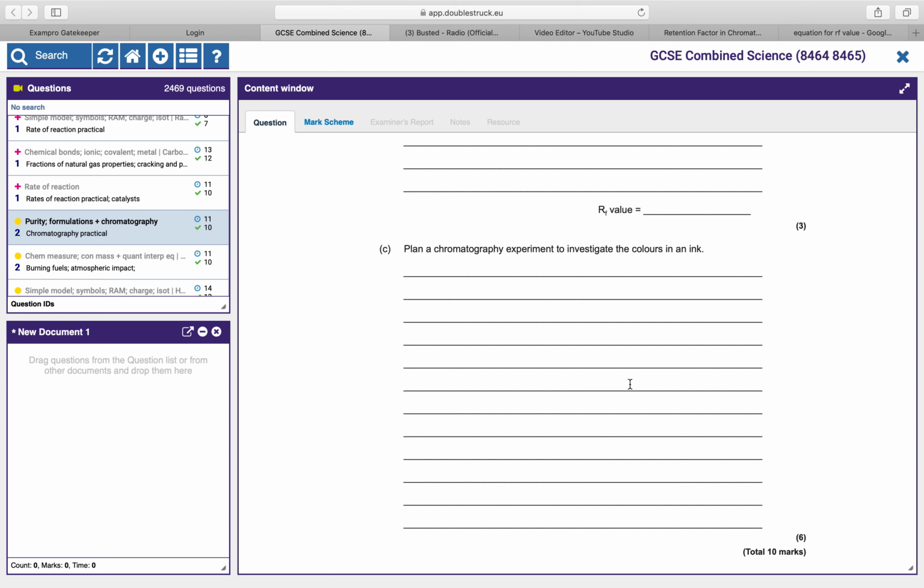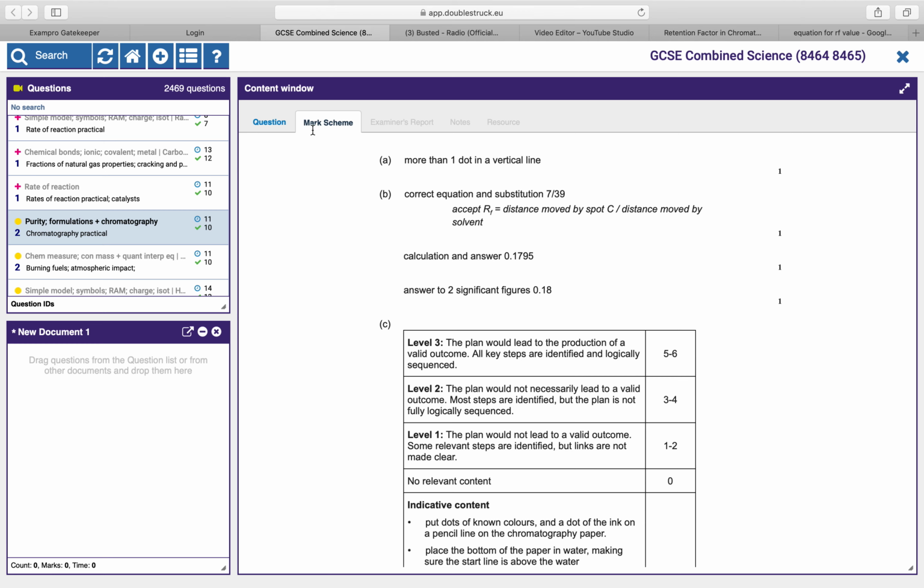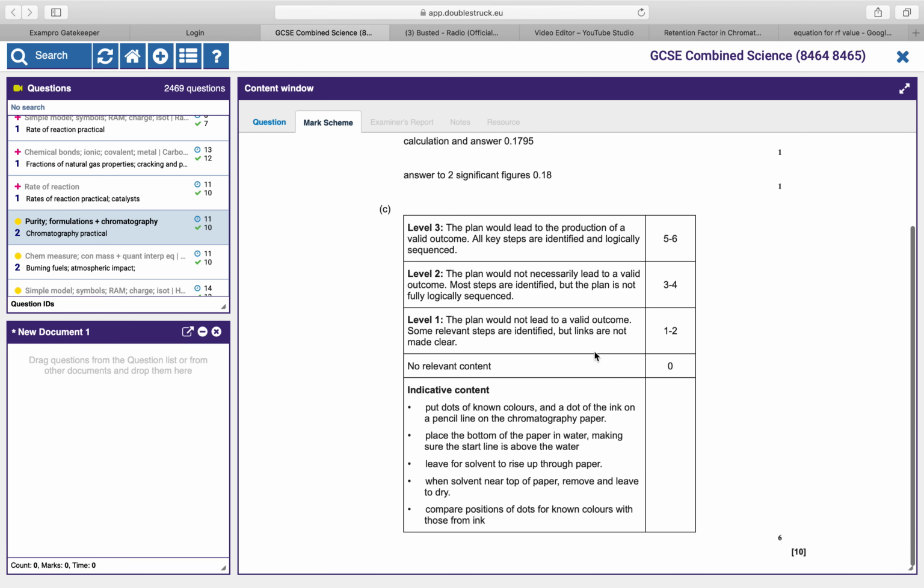So, how do we do it? I'm going to talk you through how I'd structure my answer, regardless of whether or not these points are in here. Okay, so what I'd have is, so it says put dots of known colours and a dot of the ink on a pencil line on the chromatography paper.